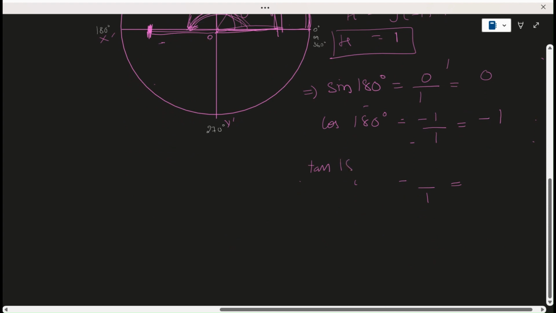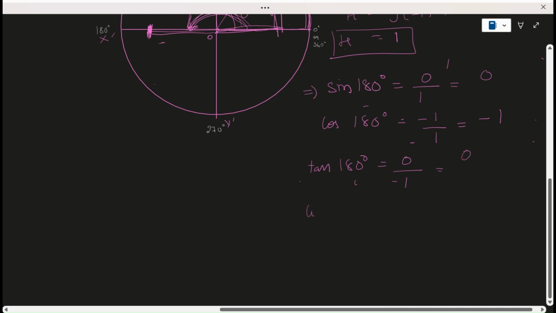Tan 180 is perpendicular 0 upon base minus 1, that will be 0.